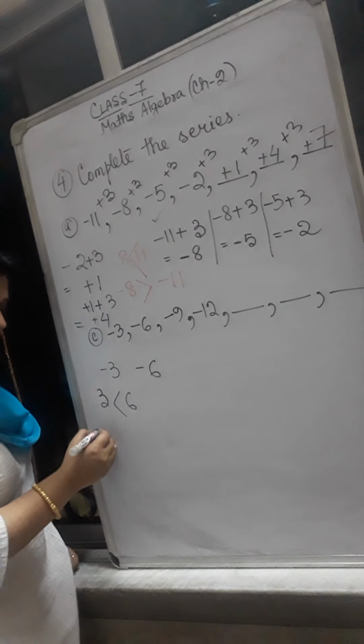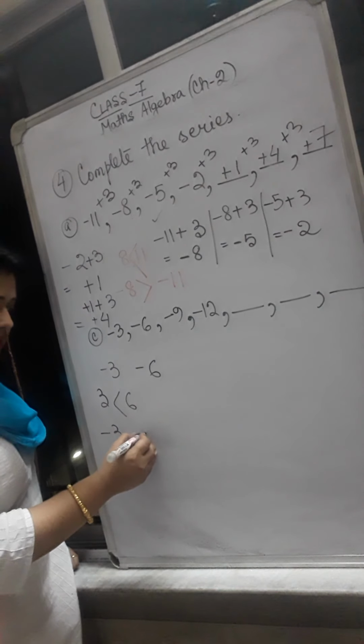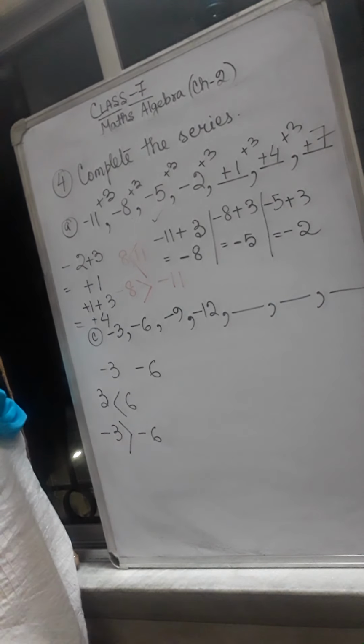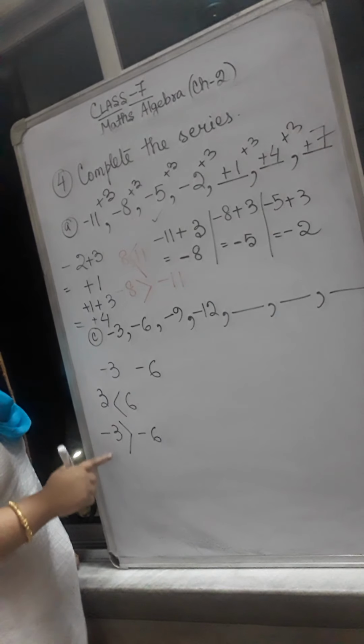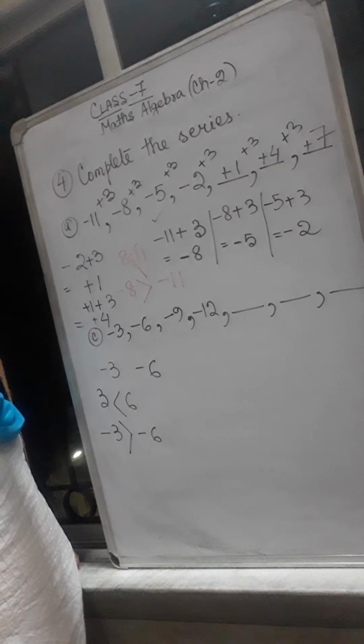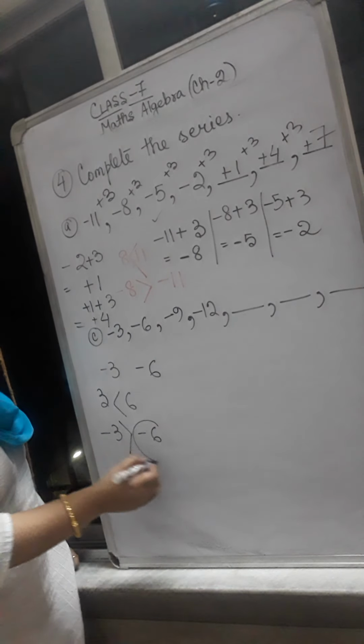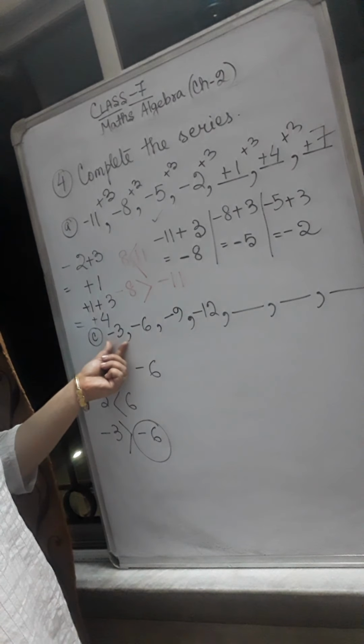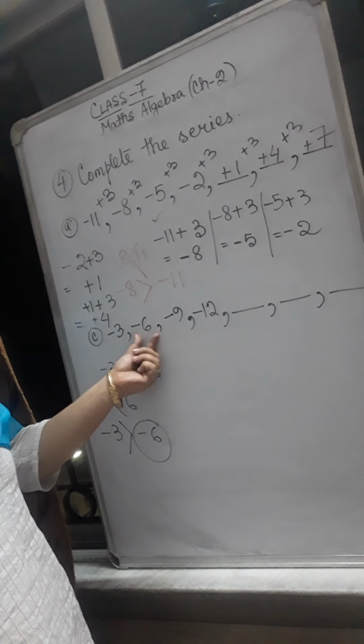But if negative numbers are given, minus 3 and minus 6, always minus 3 is greater. So just the concept changes when from positive numbers you move to negative numbers. So which is a smaller number? Minus 6. Now minus 3 is the greater number.